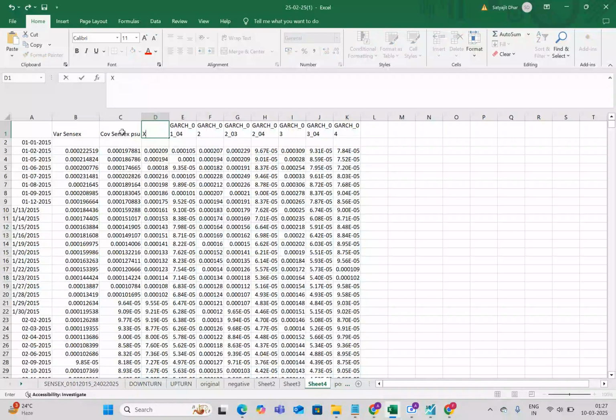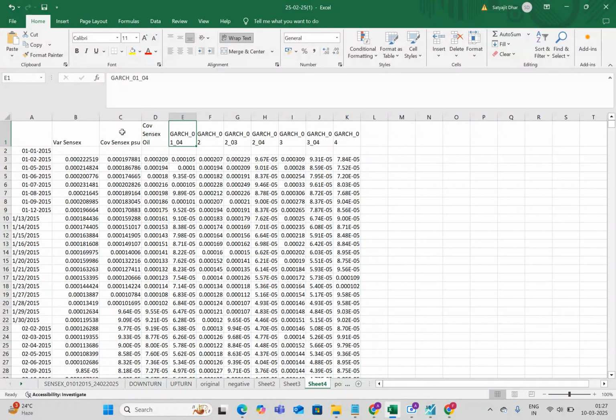GARCH 1-3 was covariance Sensex and oil. GARCH 1-4 was covariance Sensex and FMCG. GARCH 2 is variance of PSU. GARCH 2-3 is covariance of PSU and oil. And these are the things that we do not require, so let us just delete them.